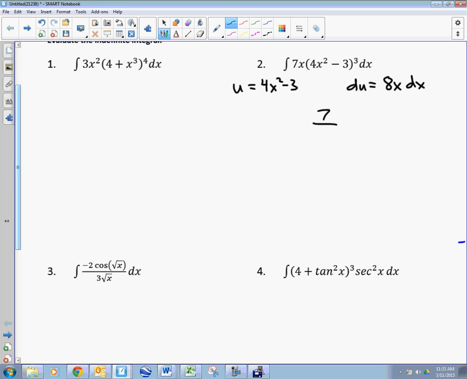If I multiply both sides by 7 over 8, I get 7 over 8 du is equal to, those cancel, 7x dx. So what that tells me is that instead of simply substituting du, I substitute 7/8 du.